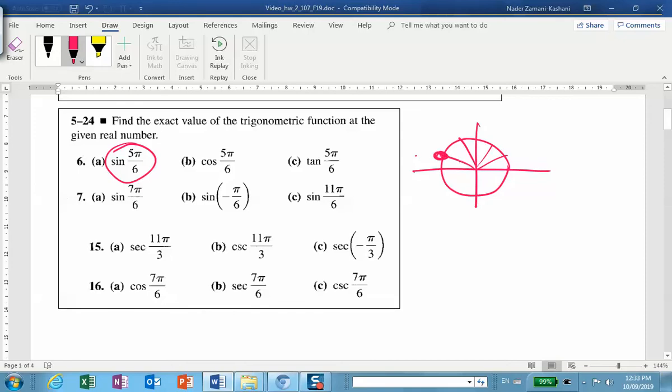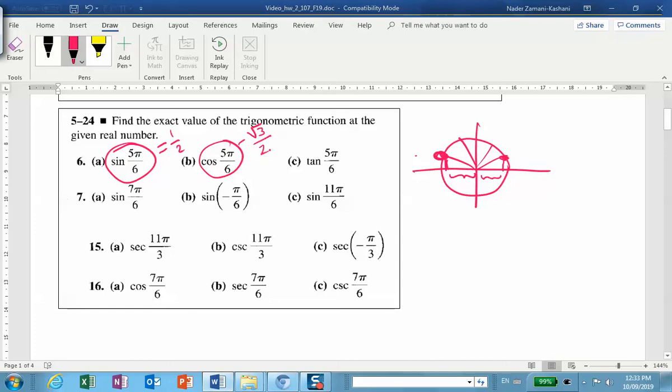And therefore, the sine of this is the same as the sine of pi over 6, so this is 1/2. And the cosine of 5 pi over 6 is the negative of cosine of pi over 6. So that's why this is minus root 3 over 2.